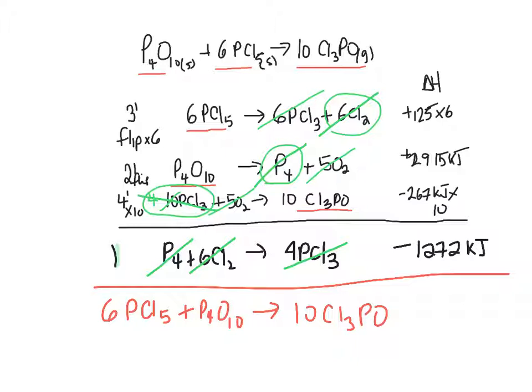To figure out the delta H, we do all the math. 125 times 6 plus 2,915 minus 2,670 minus 1272.